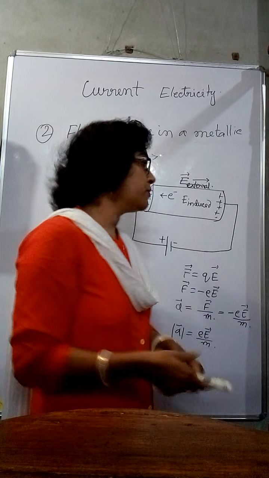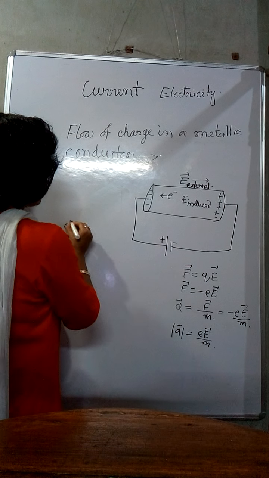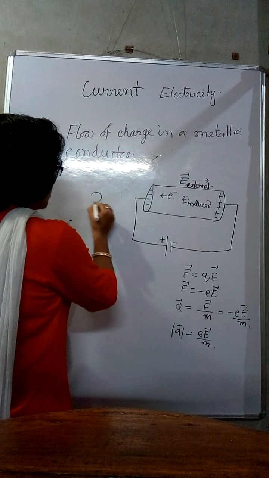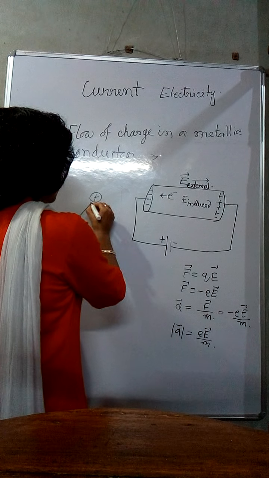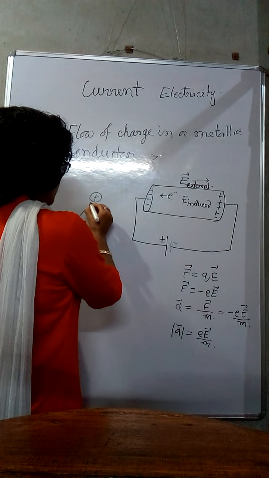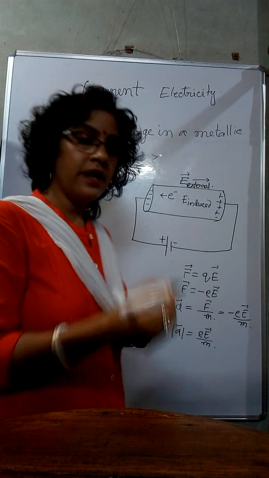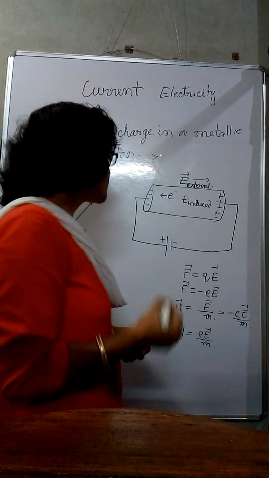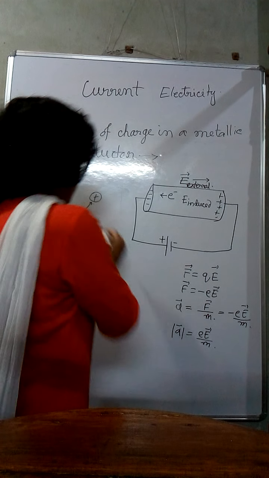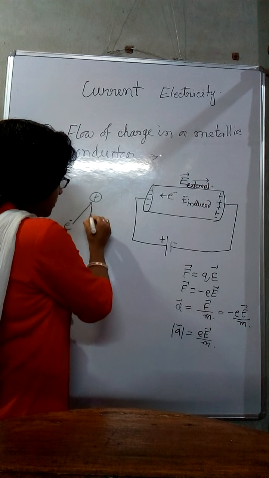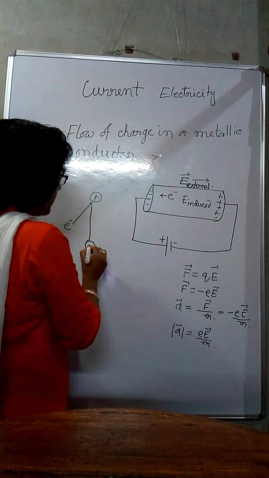Then how will it move? Let's see. One electron is there, and there are positive ions, so it will be attracted by the positive ions. Now, due to the thermal energy, its random motion will continue. So due to its random motion, it will go to that point.